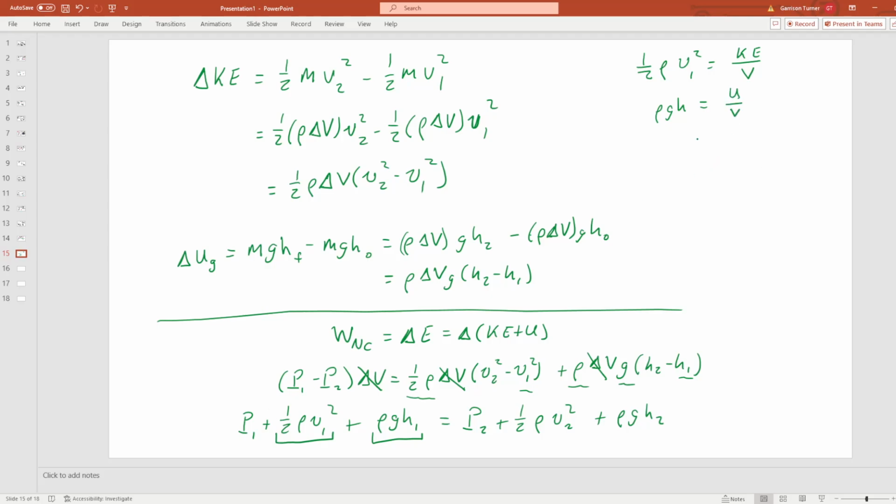And pressure is equal to energy per unit volume. These have to agree, or else our dimensional analysis won't work. Remember that pressure is equal to force over area.